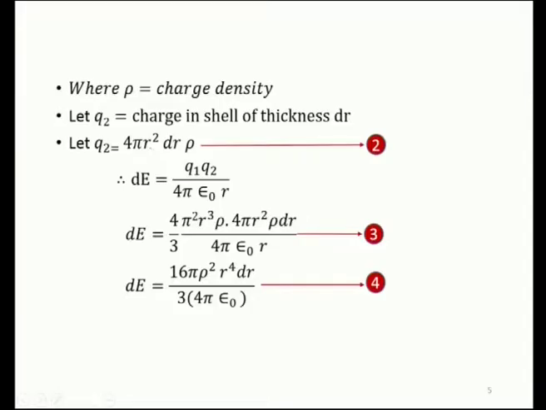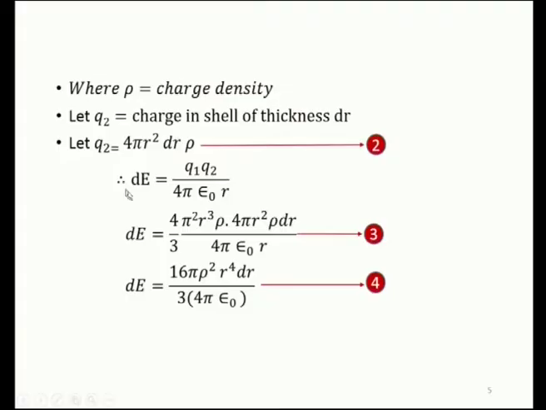Now what is the Coulomb energy in adding this small shell dr onto the small sphere of radius r? It is like two charges, one is Q1 and the other is Q2. So, Q1 Q2 by 4 pi epsilon 0 r, that is the basic Coulomb law.